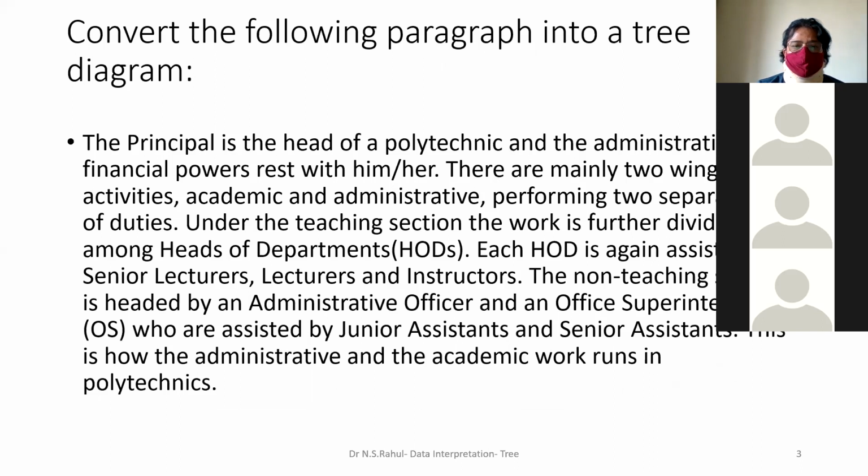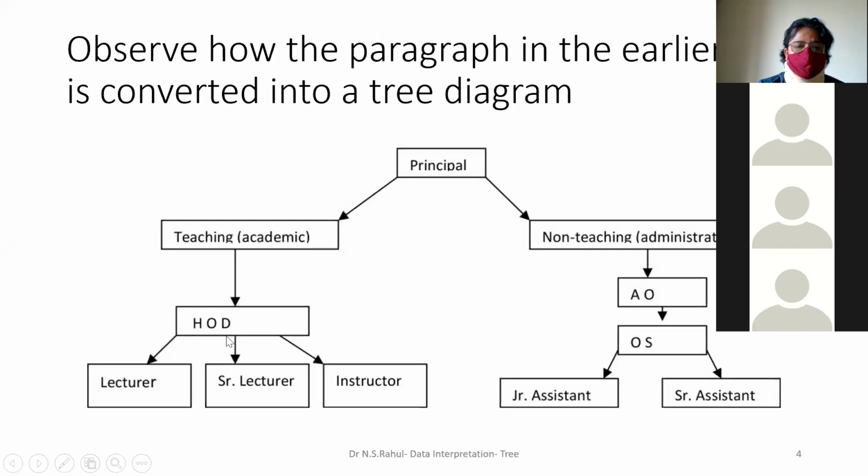Principal into two, teaching and non-teaching, or academic and administration. Under teaching you have HOD, and under HOD you have lecturers, senior lecturers. The number of lecturers may vary. Instead of just one arrow, you can have 3 or 4 arrows. In our college, in each department, one HOD is there, one senior lecturer, and 3 or 4 lecturers.